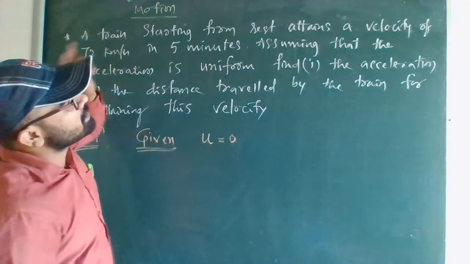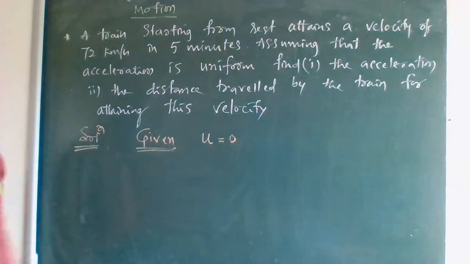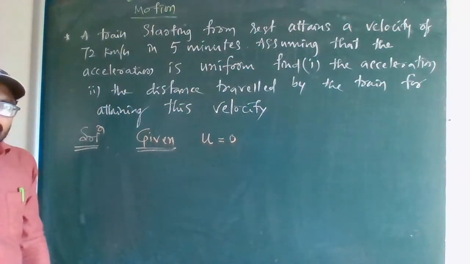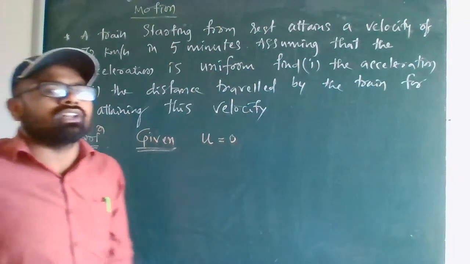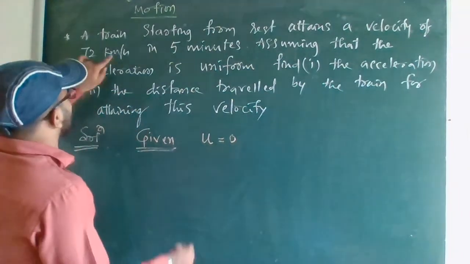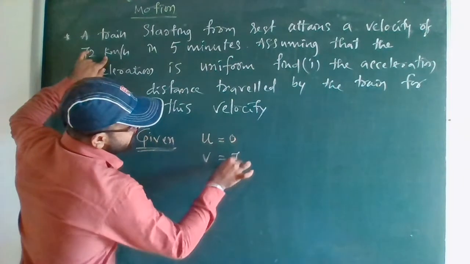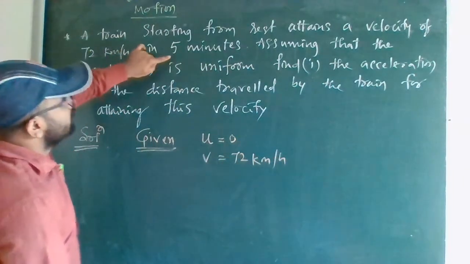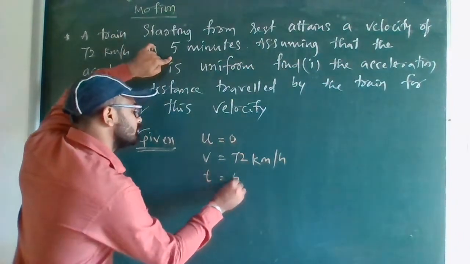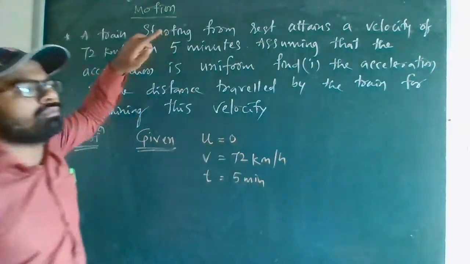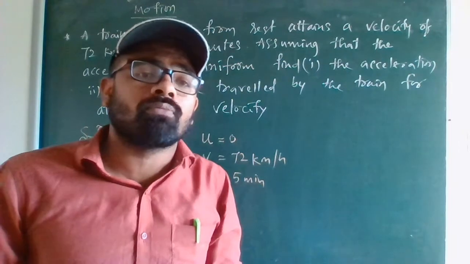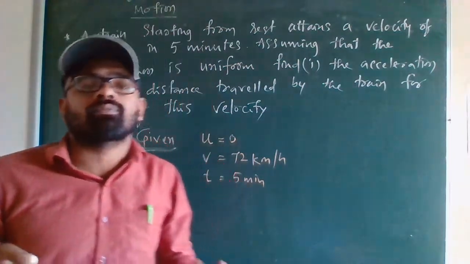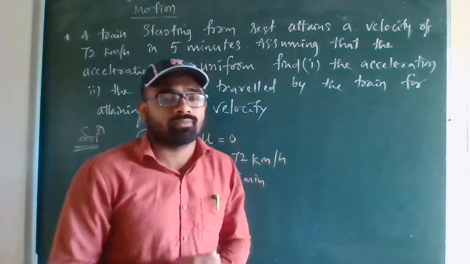The velocity of 72 km per hour in 5 minutes is the final velocity. V is 72 km per hour, and time is 5 minutes. Usually in problems always prefer to take units in SI units.